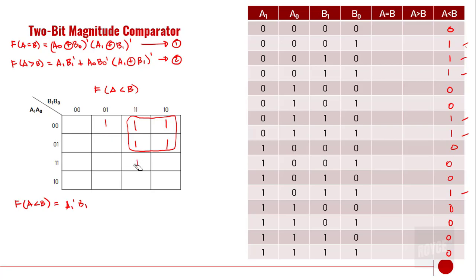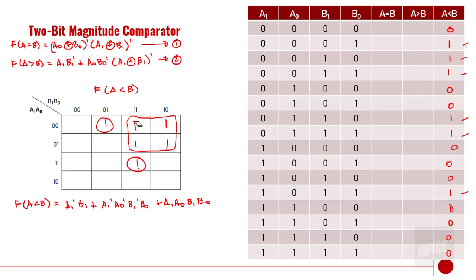And then next is, let's get this muna. Naka-OR sa A1 prime, A0 prime, B1 prime, B0. Naka-OR sa ito, A1, A0, B1, B0.